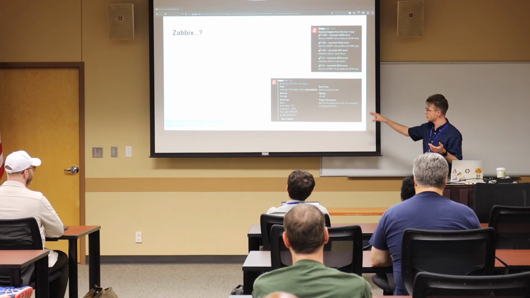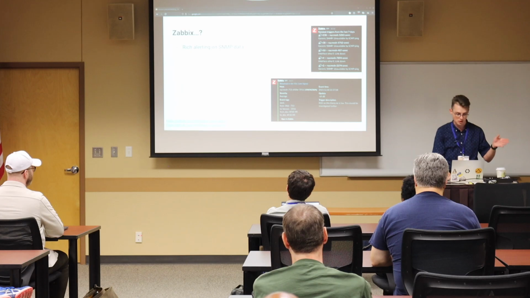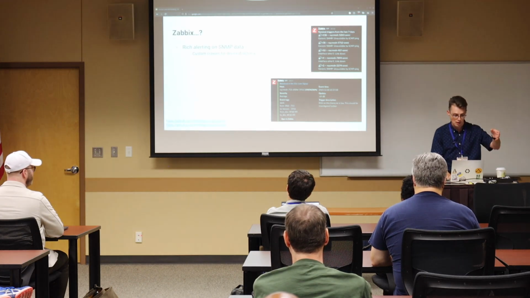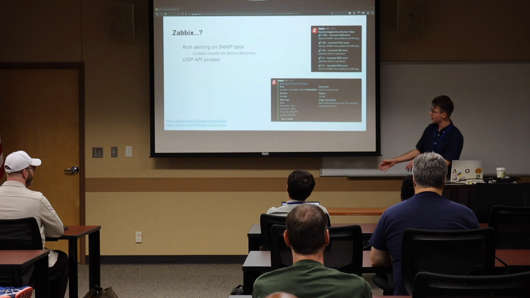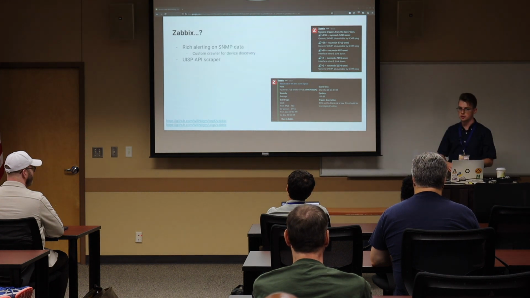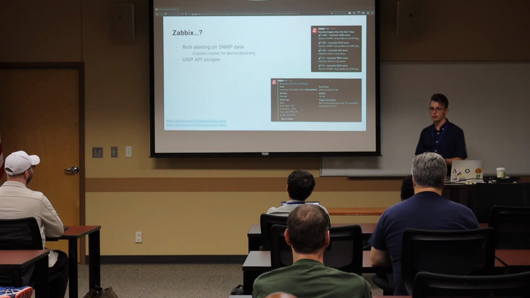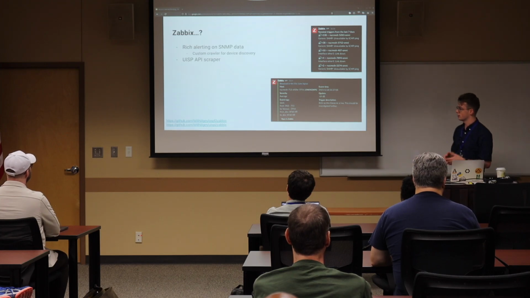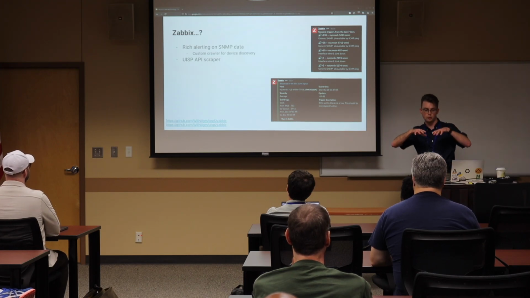So I managed to build some custom software on top of Zabbix that gave me some rich alerting on the SNMP traps. And then I also scraped the UISP API and managed to get real-time metrics for all of our antennas and some of our routers, and able to get this nice bird's eye view of our network.